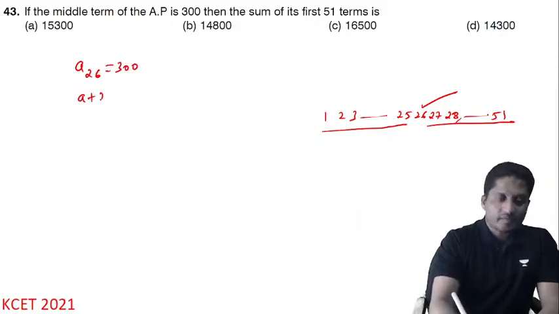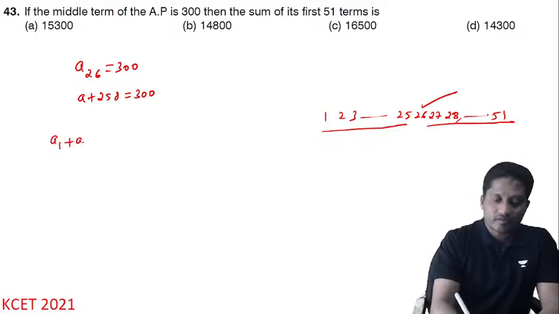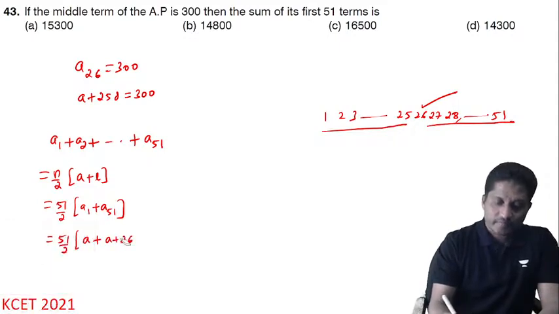Middle term can be written as A plus 25D is equal to 300. Then the sum of first 51 terms, A1 plus A2 and so on up to A51. What's the formula? N by 2 into A plus L, first term plus last term. So this is 51 by 2 into first term A1, last term A51. The 51st term is A plus 50D.